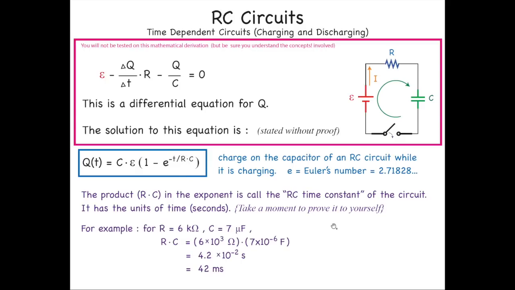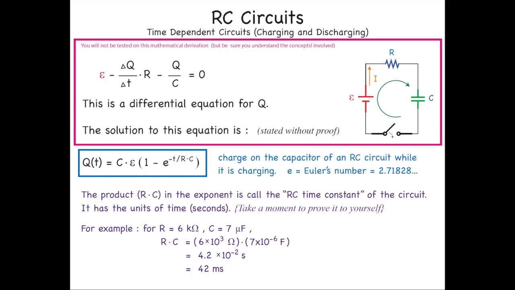So for example, if we hooked up a 6 kilo ohm resistor with a 7 microfarad capacitor, then the RC time constant would be 6,000 ohms times 7 times 10 to the minus 6 farads, which gives us 4.2 times 10 to the minus 2 seconds, or 42 milliseconds. So this circuit will have an RC time of 42 milliseconds.